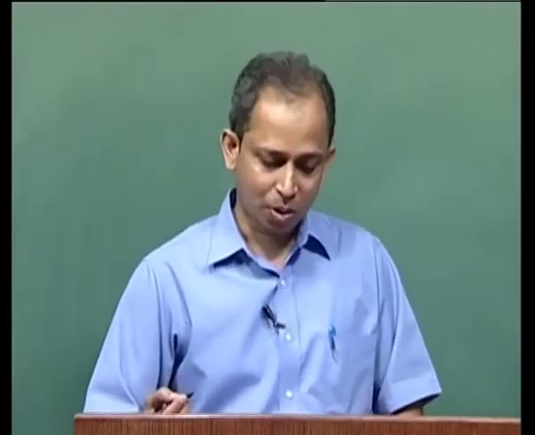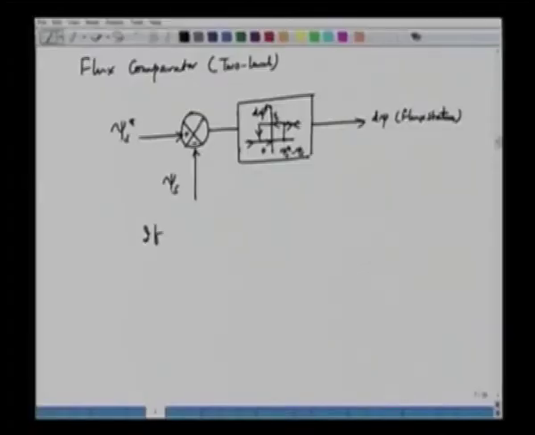So, we can write this in the form of a logic. If psi s star minus psi s is higher than h psi, where h psi is the flux band, then d psi is equal to 1.